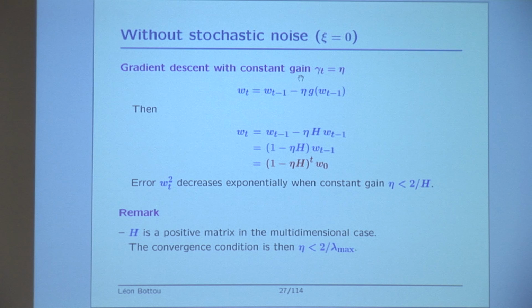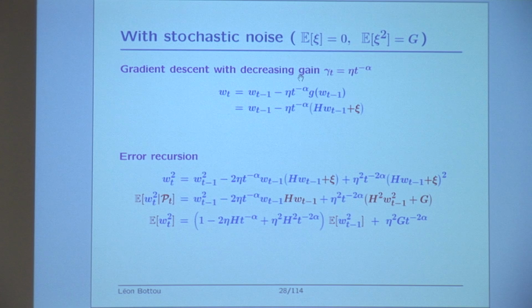When I raise it to the power t, it goes to 0. That's the solution. So the plain gradient converges. We knew that. And its speed is exponential, because whenever I increase t, I multiply by some value that's less than 1. Well, let's add the noise. So it's going to become hairy.